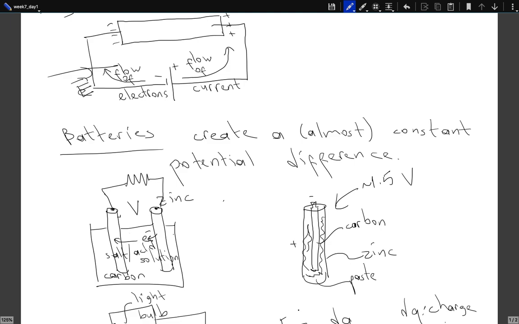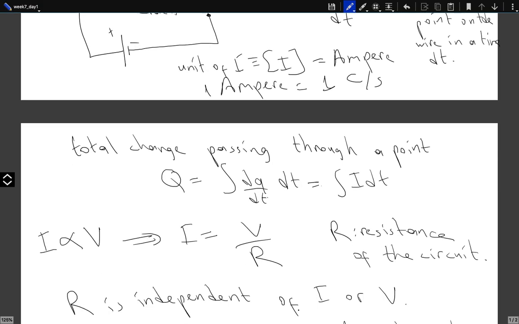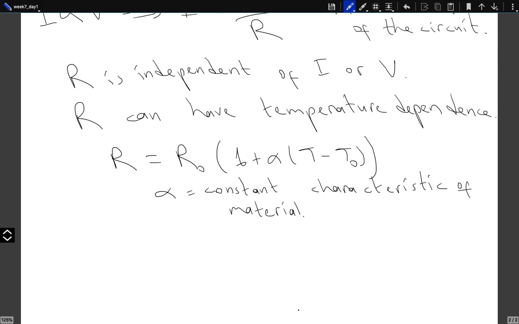If you just attach two different metals together and heat them, the change in the properties of these materials will depend on the temperature. And if you choose suitable metals, that will create a potential difference just by applying a temperature. But this is another means of measuring the temperature.